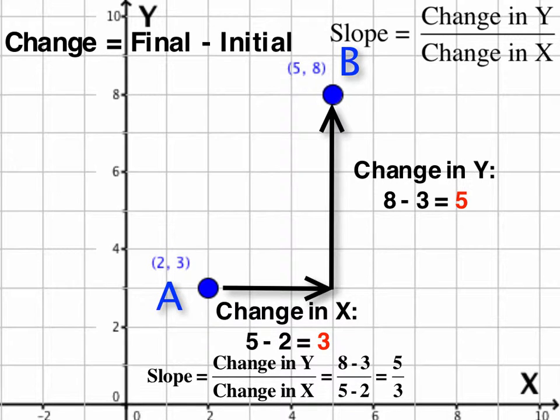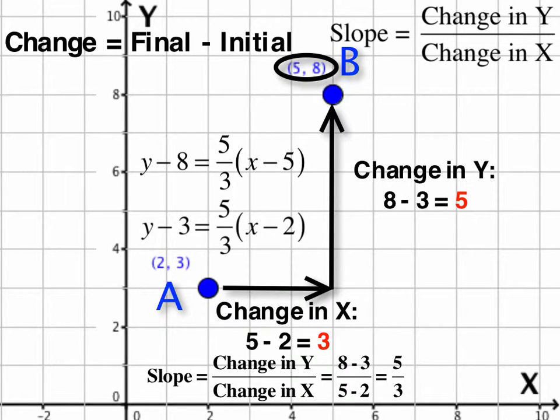So the two options we have for the equation of our line are y minus 3 equals 5/3 times the quantity x minus 2, or y minus 8 equals 5/3 times the quantity x minus 5. Now, we may be a little concerned that because we have two different equations, maybe they don't mean the same thing.